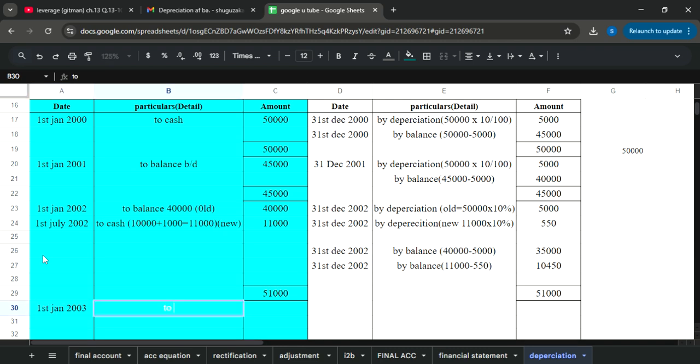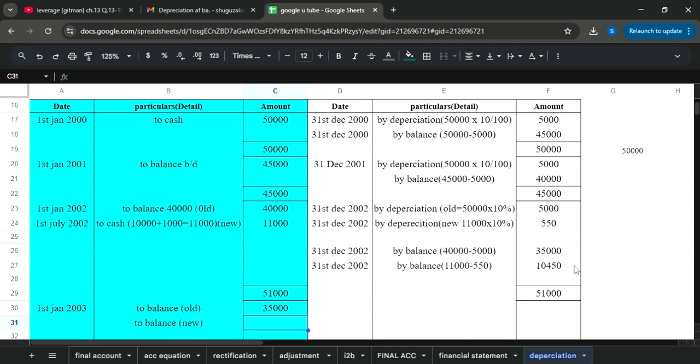First, to balance, which is your old one, and how much balance? Look at this, 35,000 is the balance for the old asset, and then to balance, which is your new asset.